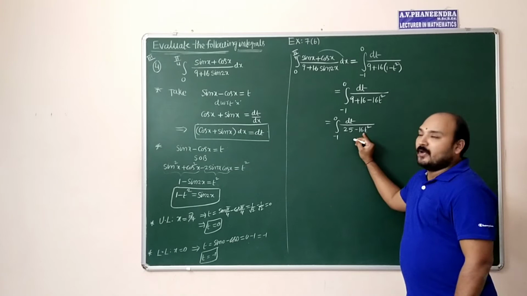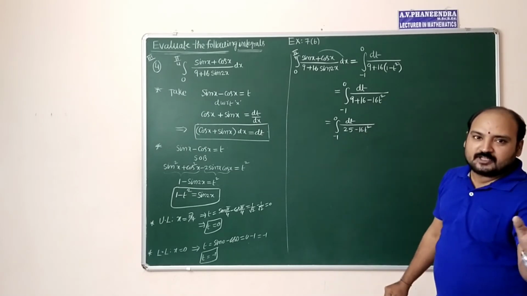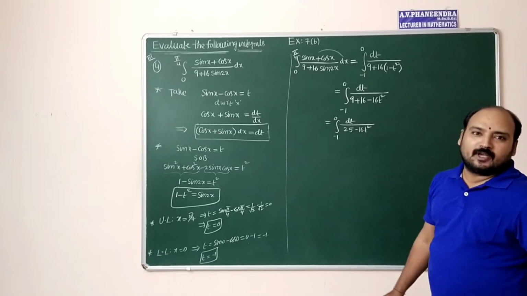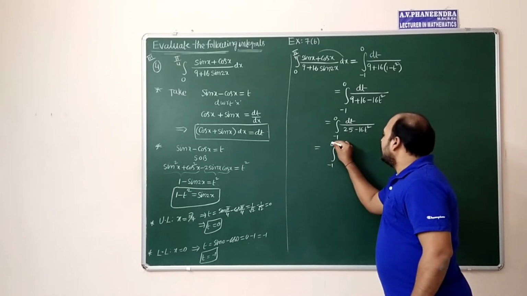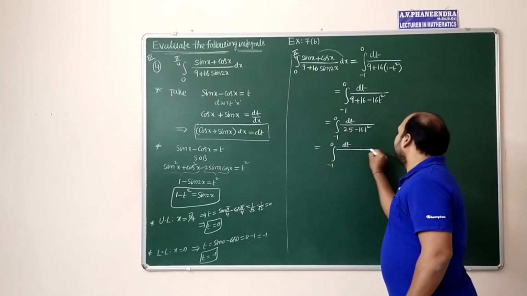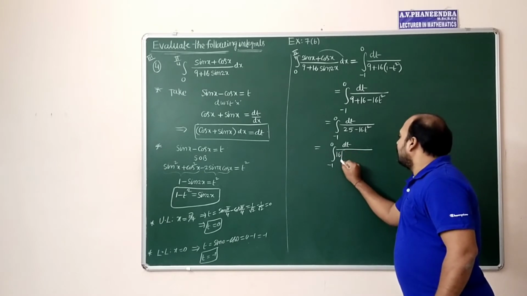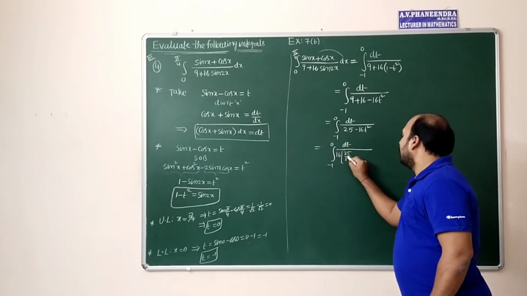16 to take common, to make the coefficient of t square always 1 by taking it common. So now I am taking common 16: integral minus 1 to 0 dt divided by 16 times (25 by 16 minus t square).